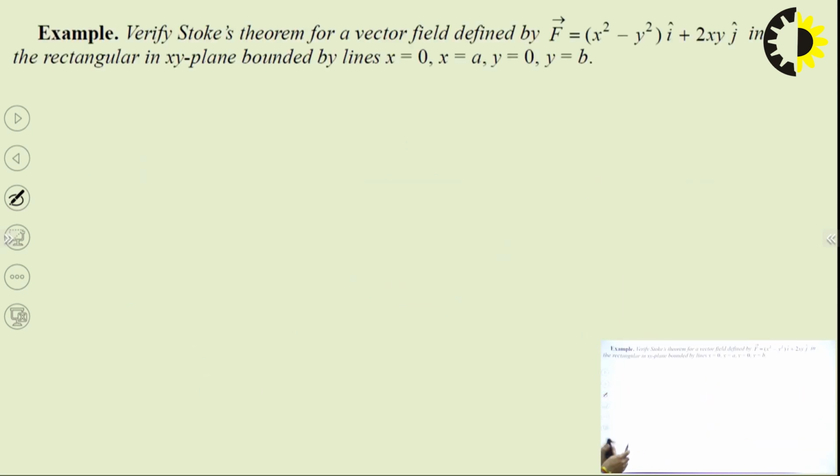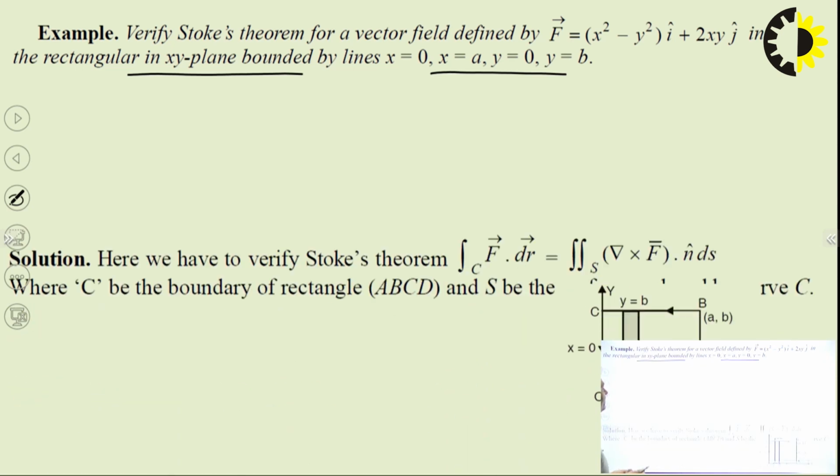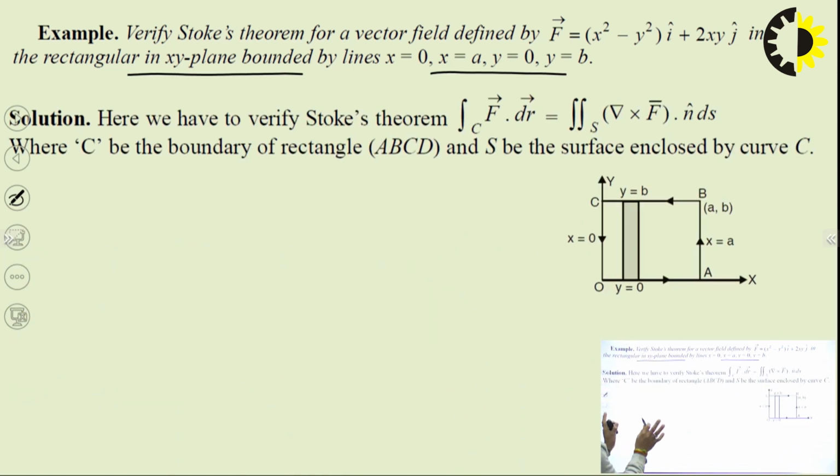Student, I have a last example for you, where I need to verify the Stokes theorem for the vector function given to you, over a rectangular region in the xy plane bounded by x equals 0, x equals a, y equals 0 and y equals b.